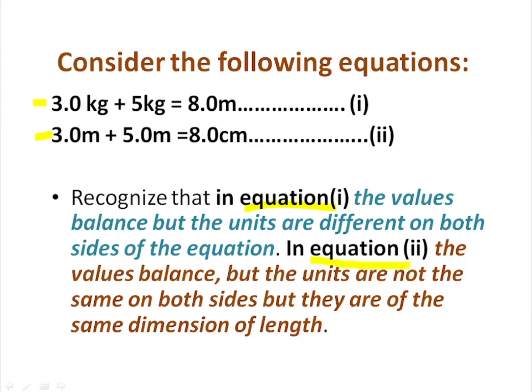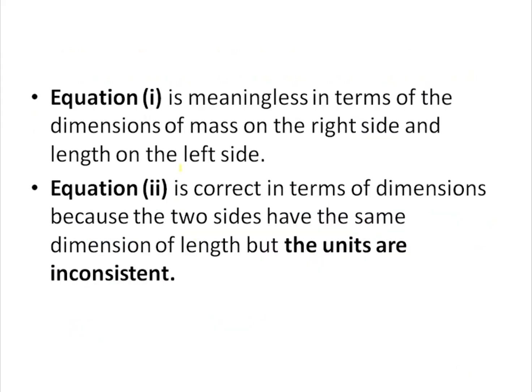In equation 2, the values balance, but the units are not the same on both sides, but are of the same dimension of length. Equation 1 is meaningless in terms of the dimensions of mass on the right side and length on the left side.